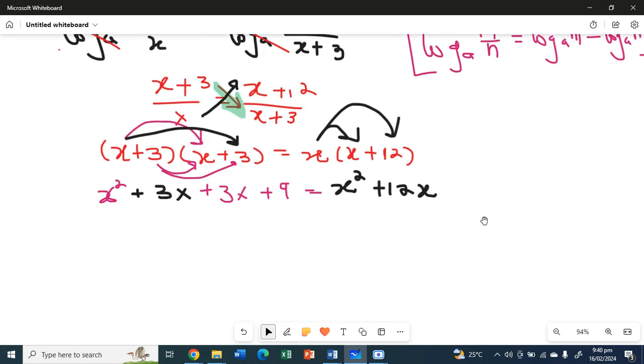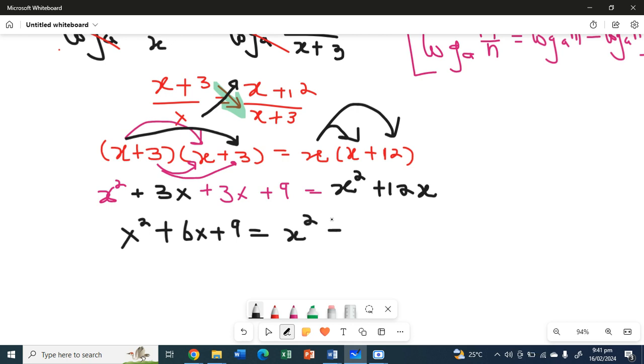So we have to bring all the terms on one side so that we leave a 0. So first, before we take all the terms, first let's simplify the left hand side. So it will be x squared, 3x plus 3x, that is 6x, plus 9 equals x squared plus 12x. So here we move these two terms over to the left hand side.